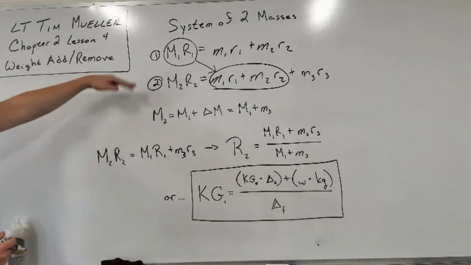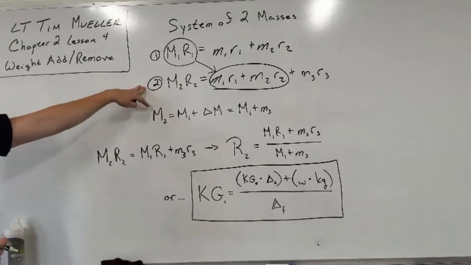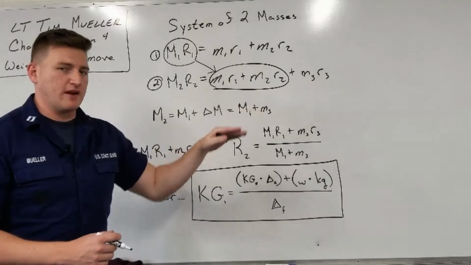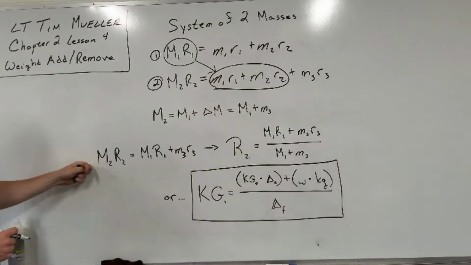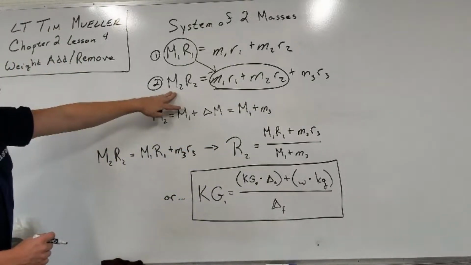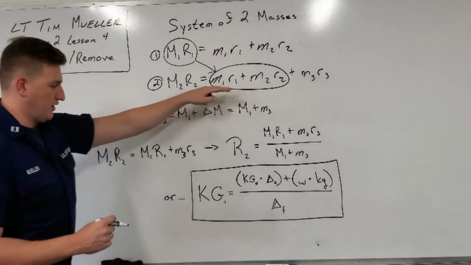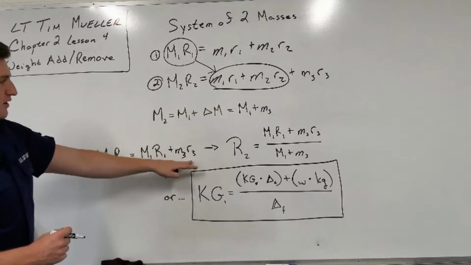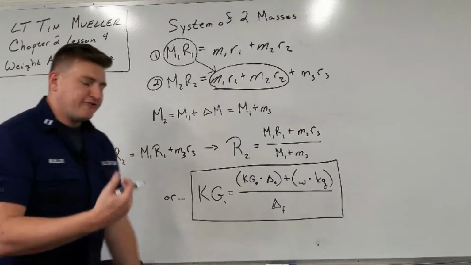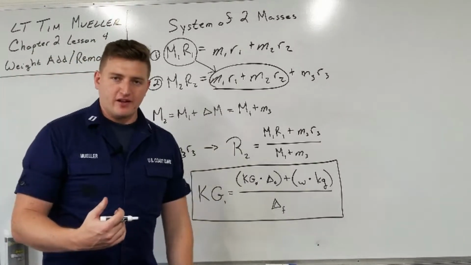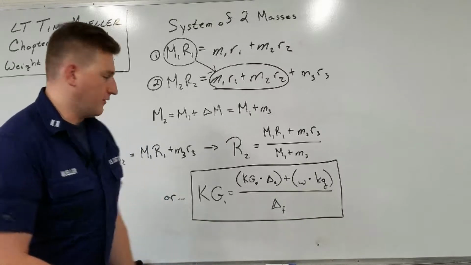Now, if we just work everything out, we just look at equation 2, we're not subtracting equations from anything this time. We look at M2R2, we're just looking at this equation here, equals M1R1, which is just this summation here, plus M3R3. Now we want to find out what the coordinate of our center of gravity is, so we just have to isolate R2.